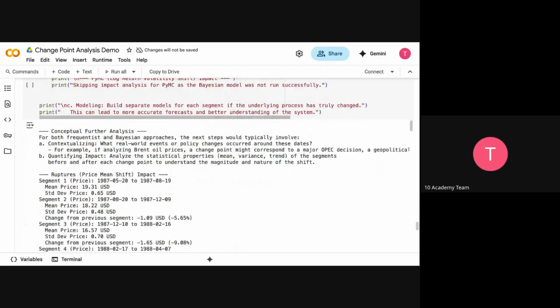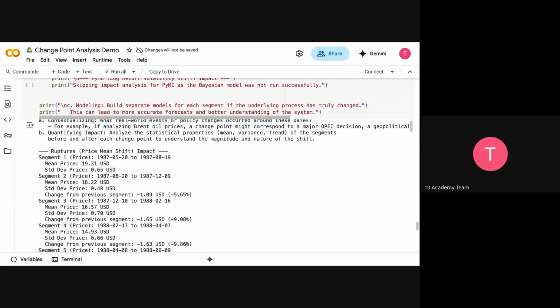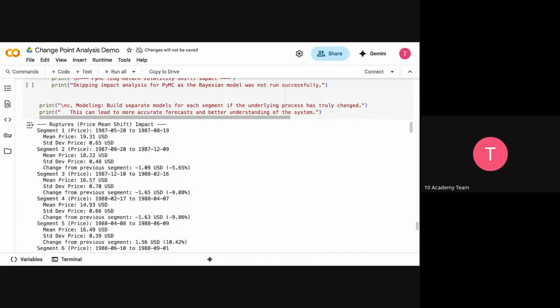So here what I've done is I have created multiple segments by using ruptures, and it tries to identify their impact. For the first segment, I have from 0520 up to 1987. You can see the mean price and the standard deviation in the price.